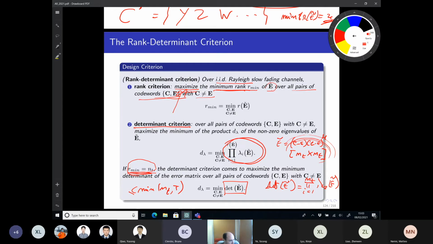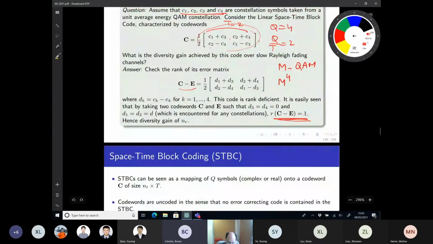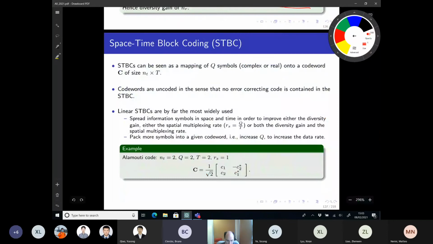Now, to construct the code, you can have specific techniques and specific frameworks, and one of them is called space-time block codes. The particular case of them is the linear space-time block code, which is actually the most common one.